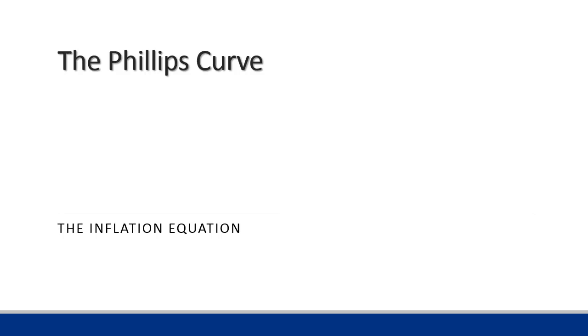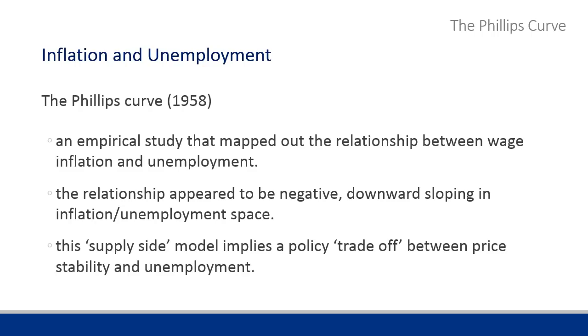We now discuss a relationship between inflation and unemployment called the Phillips curve. In 1958, an economist called William Phillips was carrying out an empirical study between wage inflation, the rate at which wages rise, and unemployment. He noticed a negative relationship in the data.